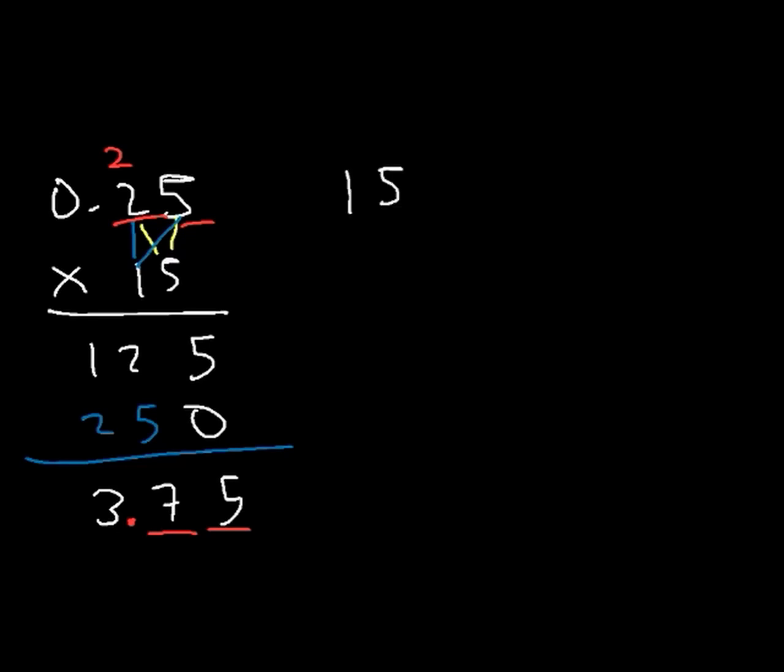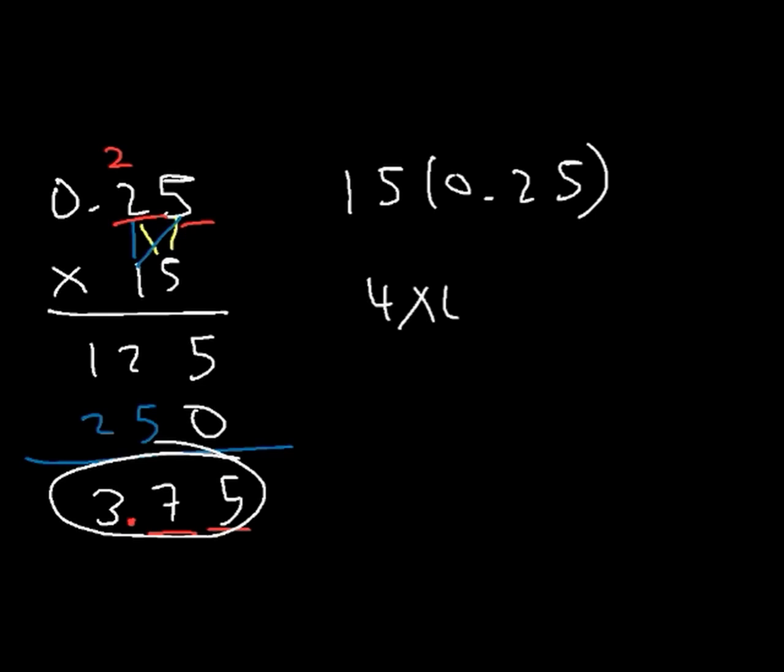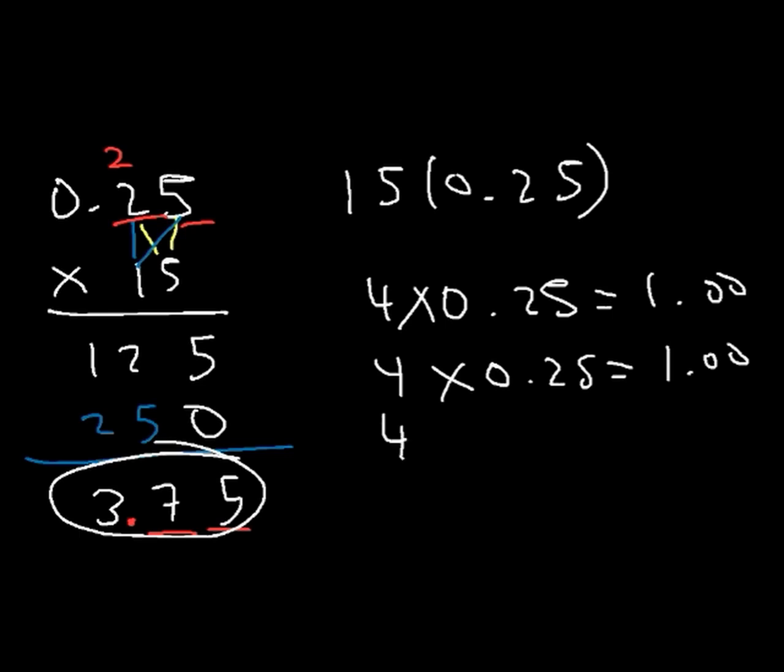Another way to multiply 15 by 0.25 is, we know 0.25 is 25 cents. Imagine if you have 15 quarters. 15 quarters has a value of 3.75. For every 4 quarters you have, that's $1. So 4 times 25 cents, that's $1. Another 4 quarters is $1. And another set of 4 quarters is $1.